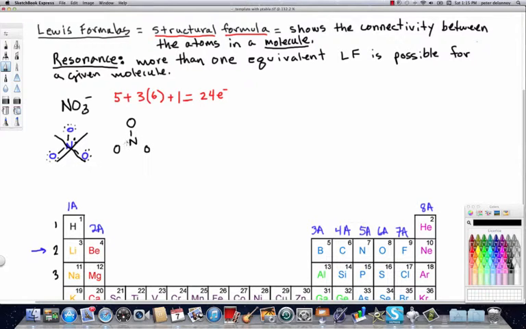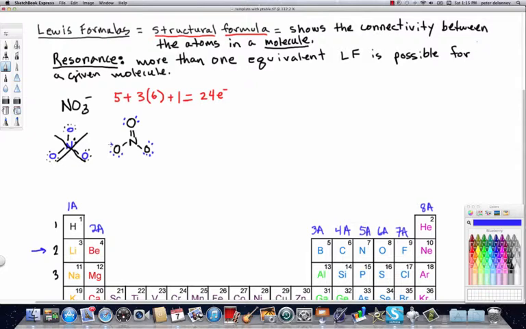Let me put our skeleton structure back. We're going to connect all the atoms to the nitrogen, and then I'm going to add a double bond here. That makes a total of 8 electrons on the nitrogen. Now I'll go in and add the unshared pairs of electrons on the oxygens, all the way around.